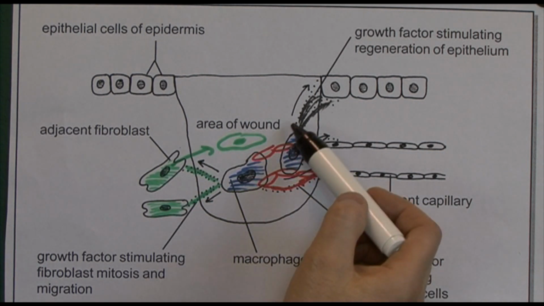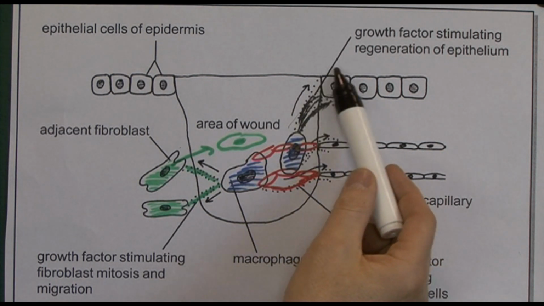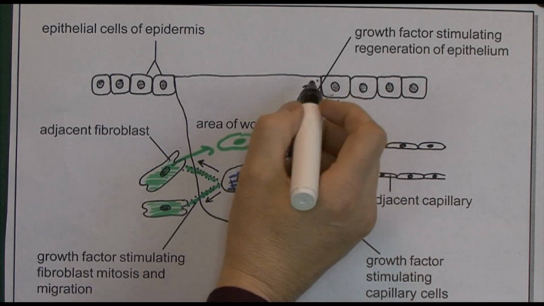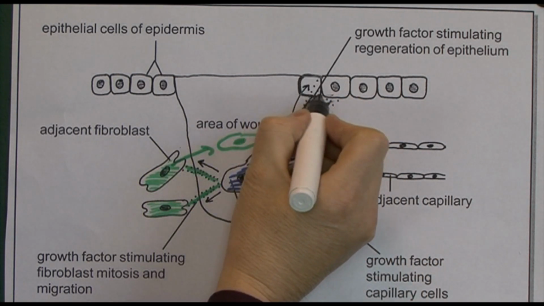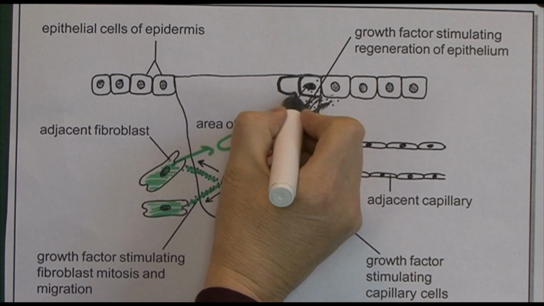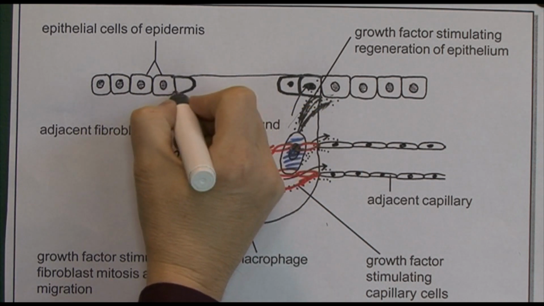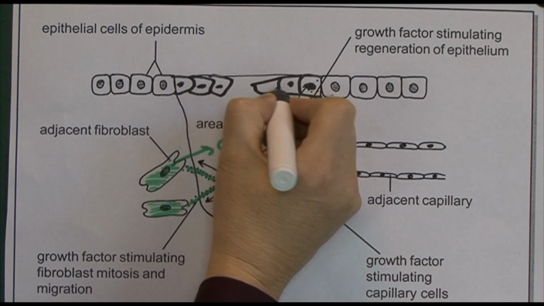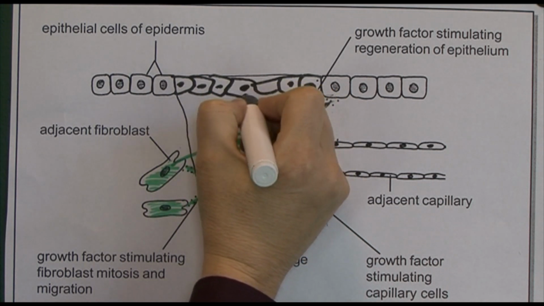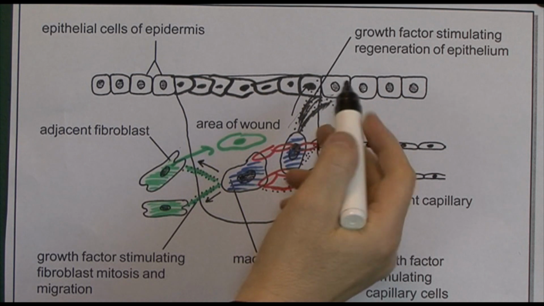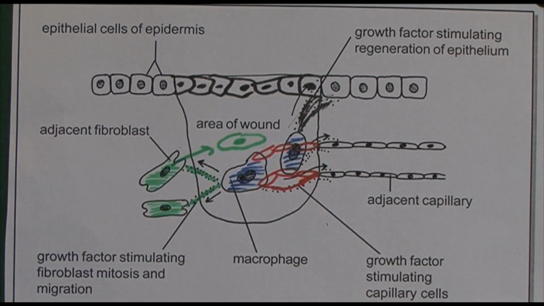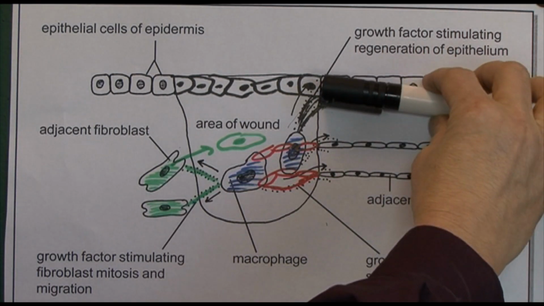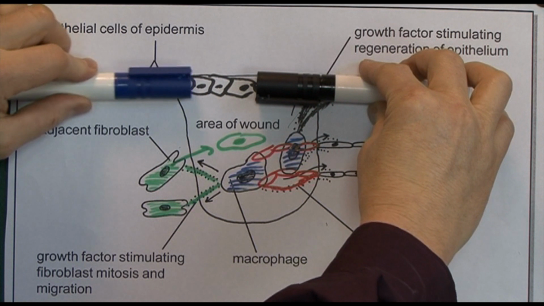And again, the arrival of growth factors at these epithelial cells are going to start the process of mitosis in these cells, stimulating mitosis, and these cells are going to grow to cover the surface of the wound, the process of re-epithelialization.